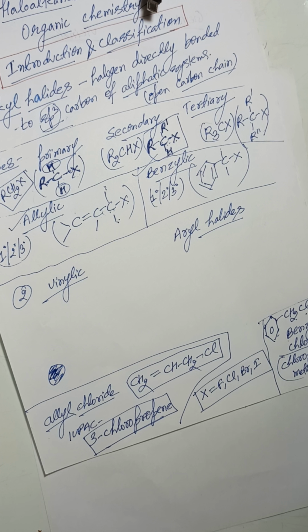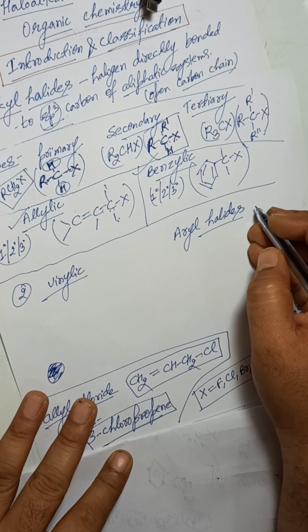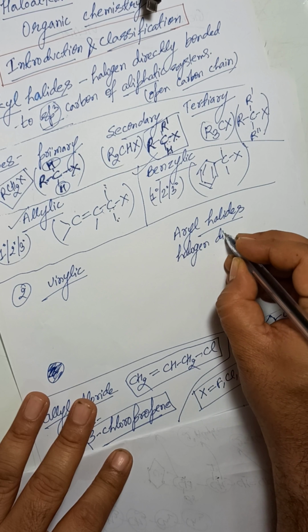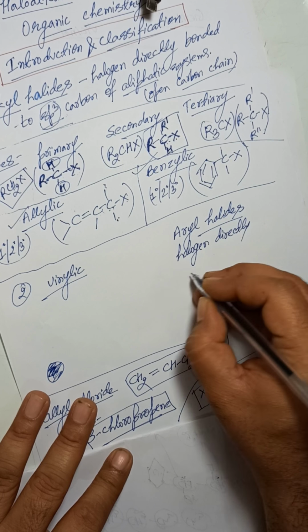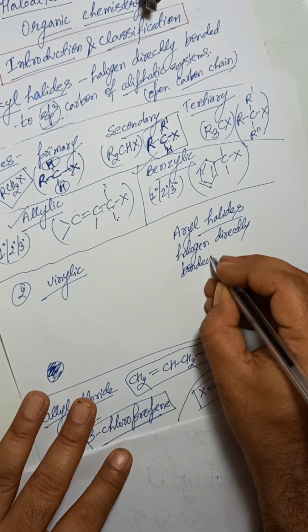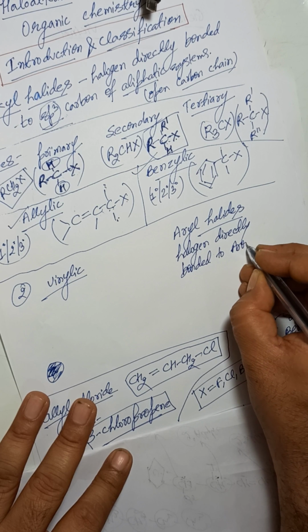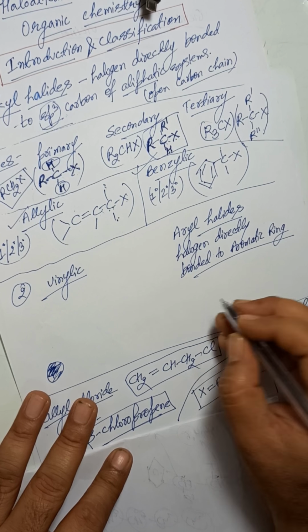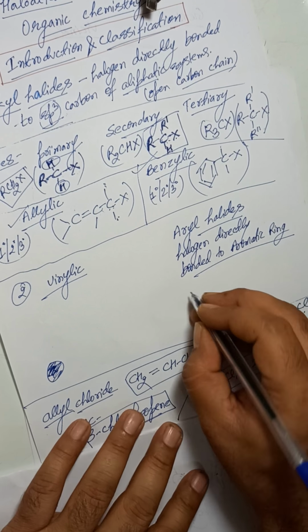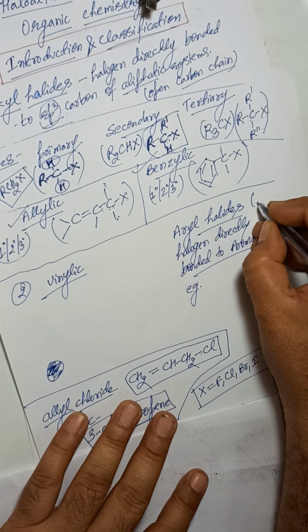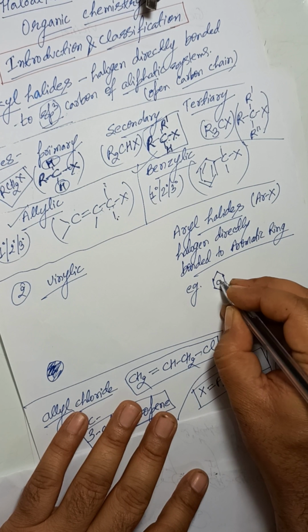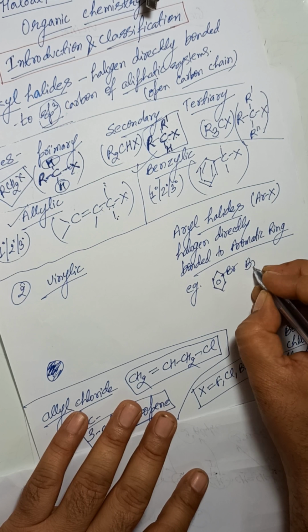Now vinylic and aryl halide. Aryl halide is very simple. Halogen directly bonded to an aromatic ring, like bromobenzene.